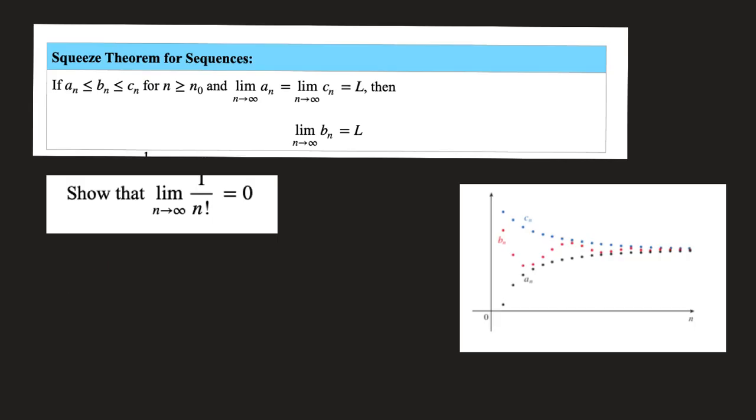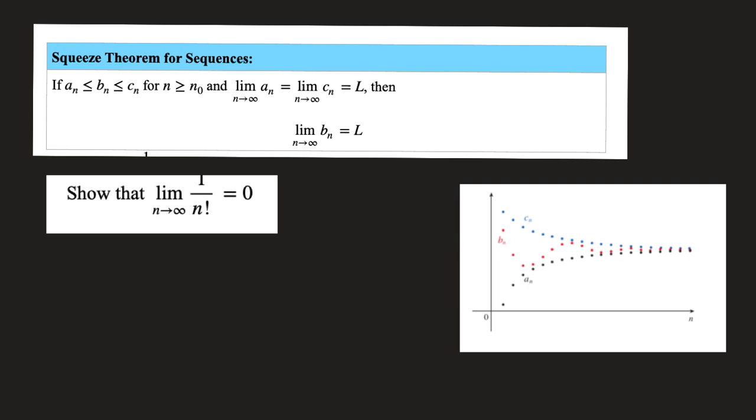The next method I want to introduce is the squeeze theorem for sequences. This is a little tricky part, but guys, I'm going to introduce the squeeze theorem here, then give one example of how to use it. Also, this example is very important. The squeeze theorem is like the squeeze theorem for limits in the Calculus 1 class.